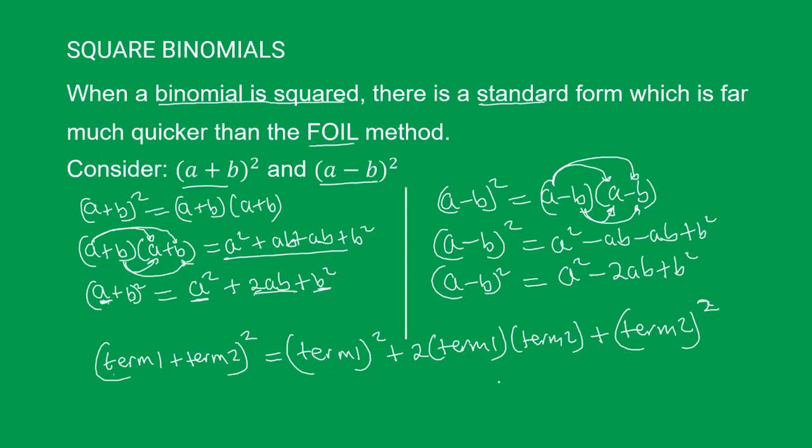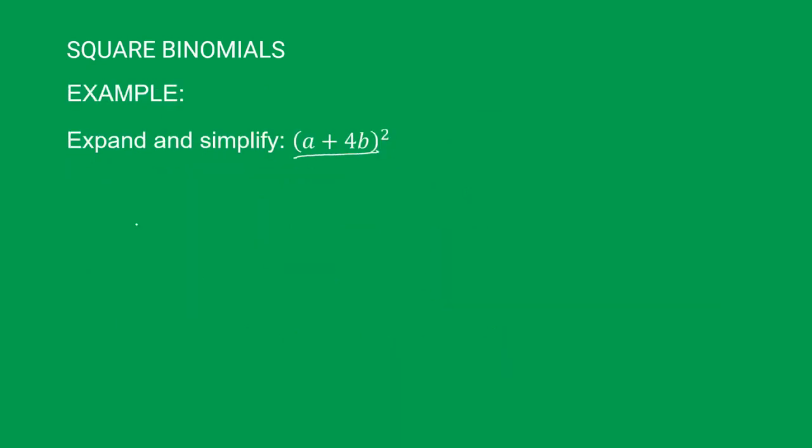Let's do a few examples using this generalization. Our first term is a, our second term is 4b. So we have (a + 4b) squared. We square a, and then plus 2 times a times 4b, that's the middle term, 2 times term 1 times term 2.